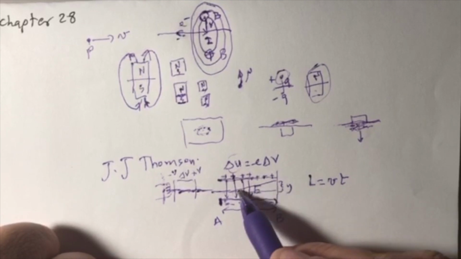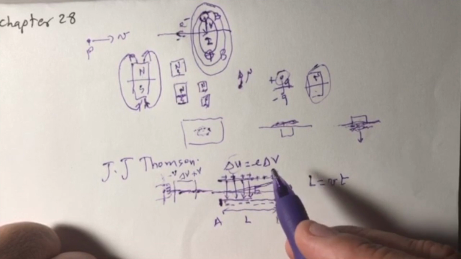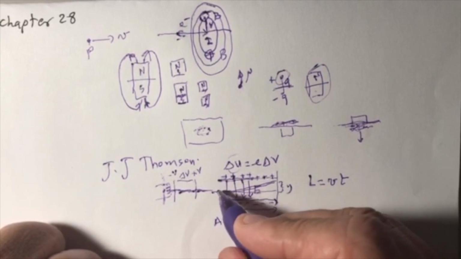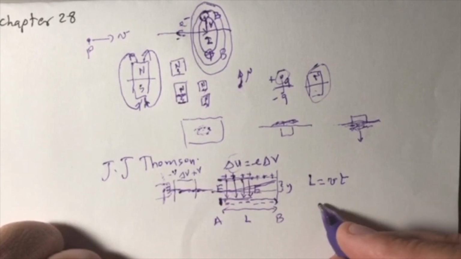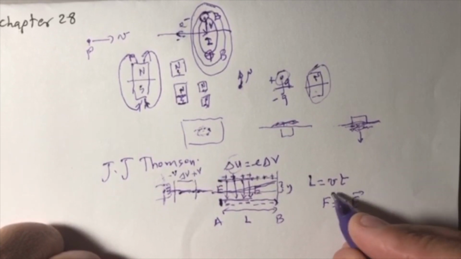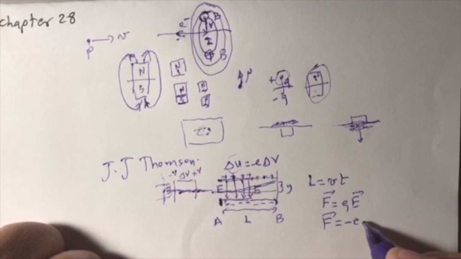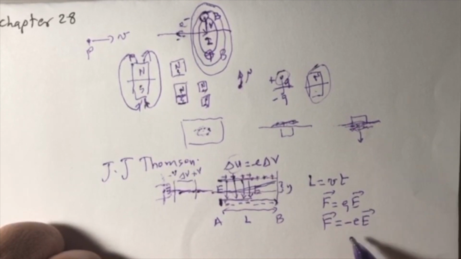Now, the reason this electron moves up like that is because there is a force. There is an electric field here, and you know that the force is equal to QE. So the force is equal to minus e times E, and the reason I put minus e is because the electron charge is negative.